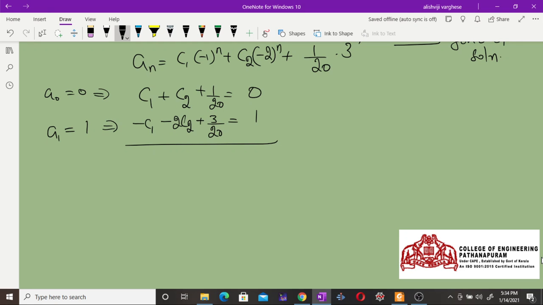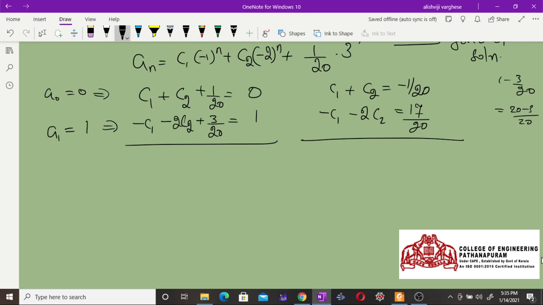By solving these two linear equations simultaneously, we can have the values of c1 and c2. For that, first we rewrite the first equation as c1 plus c2 is equal to minus 1 by 20, and the second equation as minus c1 minus 2c2 is equal to 1 minus 3 by 20, that is 20 minus 3 by 20, that is 17 divided by 20.